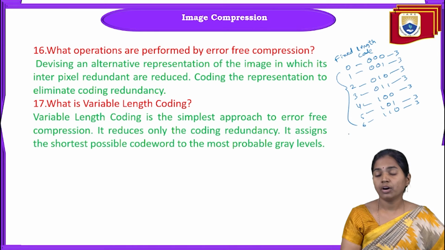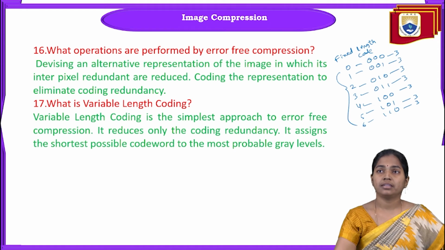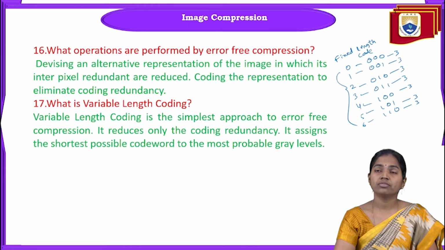How to calculate the average length? The formula is the sum of lk times pk, where lk is the length of each symbol and pk is the probability of occurrence. Based on this formula, calculate the average length.